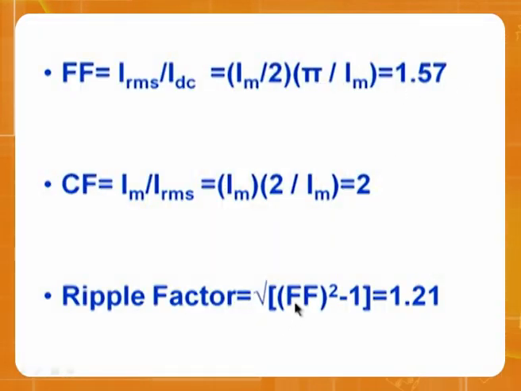Most of the time, in generator expressions, when you are studying electrical machines, we use 1.11 because we generate a sinusoidal wave. For the sinusoidal wave that comes to our home, the form factor is 1.11, but not for half wave. Crest factor is Im by IRMS, Im cancels, 2 comes here. Ripple factor is root of 1.57 square minus 1, 1.21.